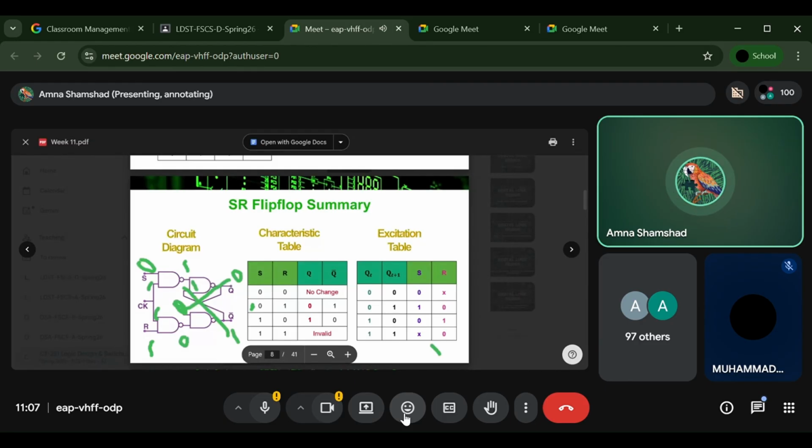On 1 1, your output will be 0, which means from 0 it remains 0. And for 0 0, from this one, what will be the output of the NAND gate? This will be 1. The new output is 1.